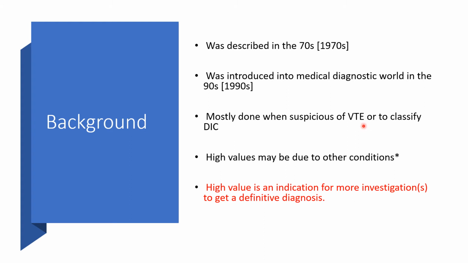You then call for D-dimer. High values may be due to other conditions, and I will go into that in a bit. A high value is an indication for more investigations to have a definitive diagnosis made.